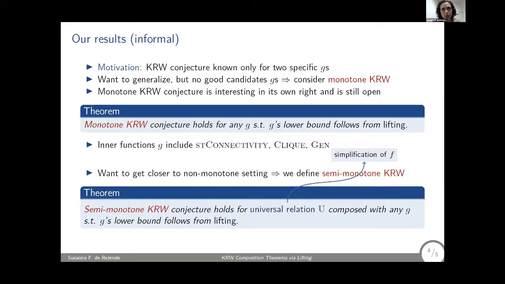The KRW conjecture can be reformulated in terms of communication, and in this communication model, for the inner function we require the players to solve the harder game in the monotone setting, but for the outer function, it's more similar to the non-monotone setting.